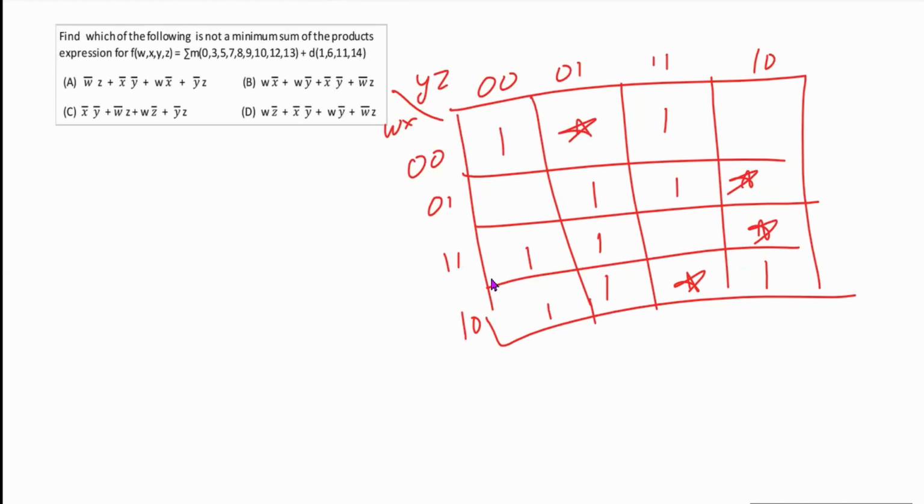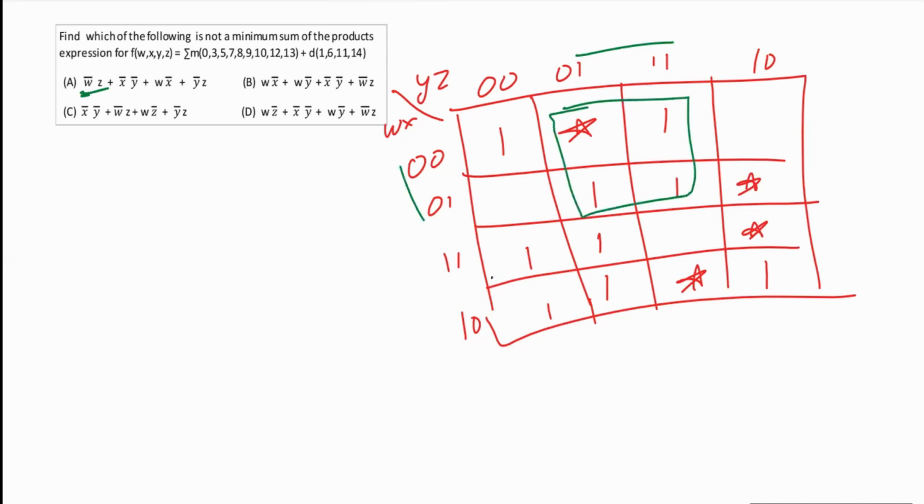If your question has don't care conditions, multiple answers are possible. So either you try to solve it and make all possible combinations, or you just verify all your answers. Suppose I'm verifying this one first. W bar Z is nothing but here is the W bar, here is your Z. So this is one pair.